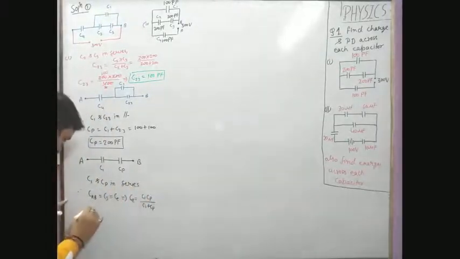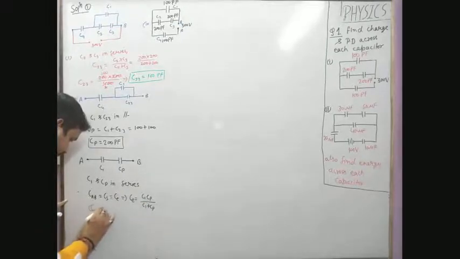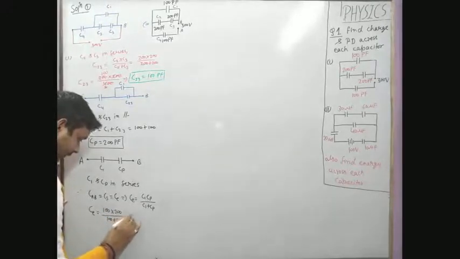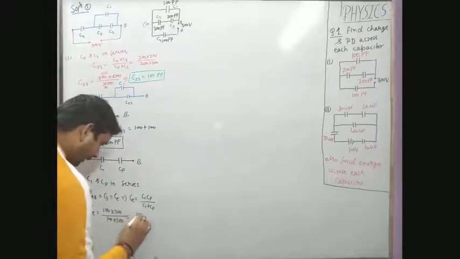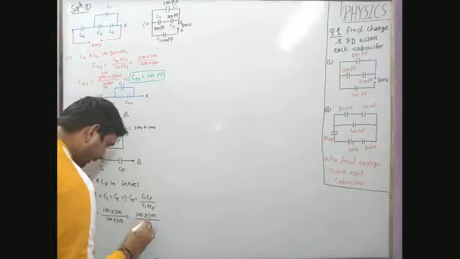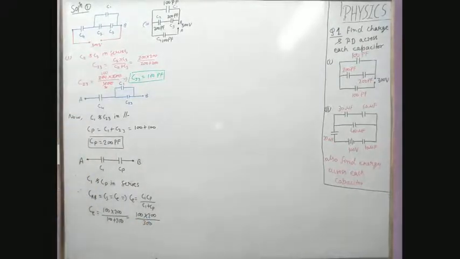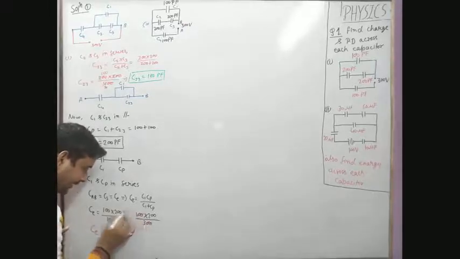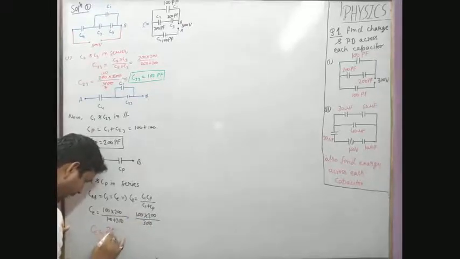C equivalent is equal to 100 into 200 upon 100 plus 200, that is 100 into 200 upon 300. The final result for the equivalent capacitor, after this 0 cancels, is 200 upon 3 picofarad.